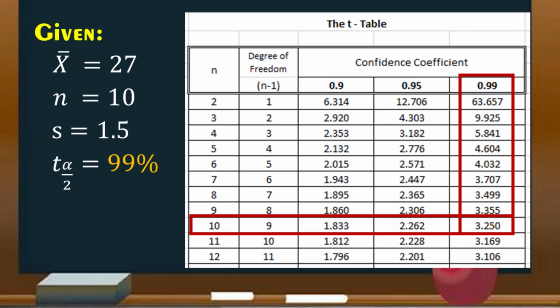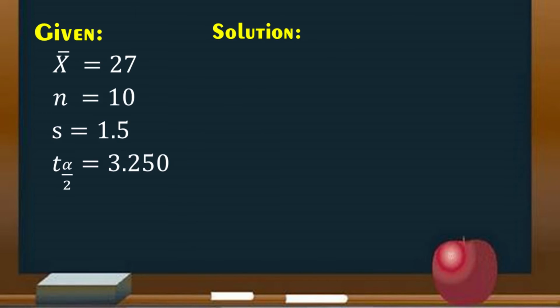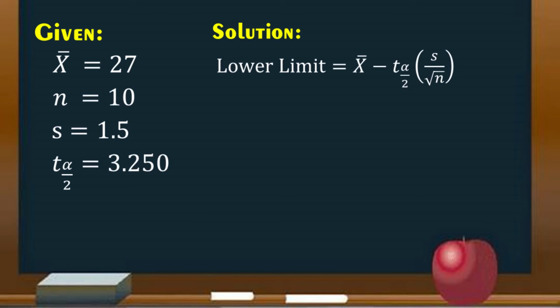And the value that corresponds to 99% if n is equal to 10 is 3.250. Now solve for the confidence interval. Always remember that this formula will be used if the sample size is small, where n is lesser than 30, and the population standard deviation is unknown or not given.